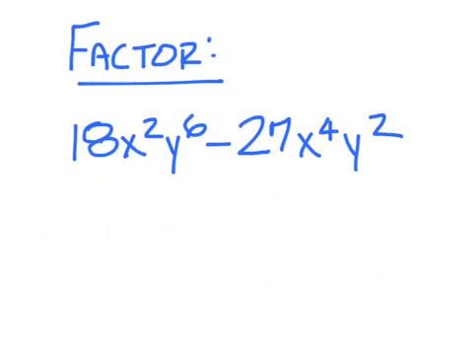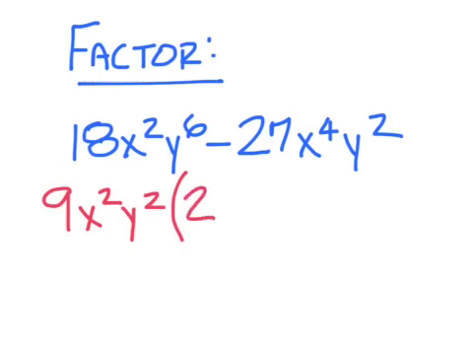The highest number that will come out of 18 and 27 is 9. The lowest power of x is x squared. The lowest power of y is y squared. 9 times 2 is 18. X squared times 1 is x squared, and y squared times y to the fourth is y to the sixth. 9 times 3 is 27. X squared times x squared is x to the fourth.